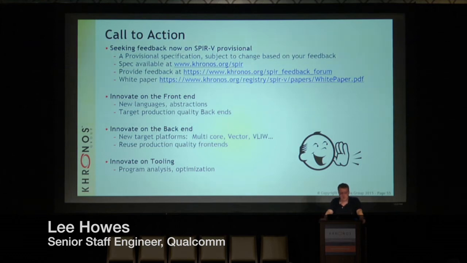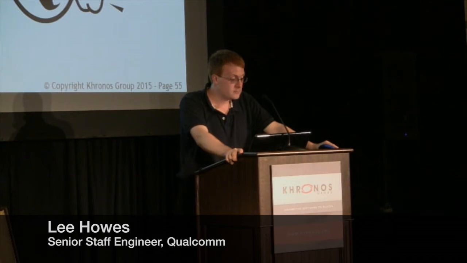The spec's available in the usual place, and the forums there for feedback. And hopefully we'll see people innovating on the front end and the back end, and this will expand the set of languages, use cases, and so on that both OpenCL and Vulkan are useful for.